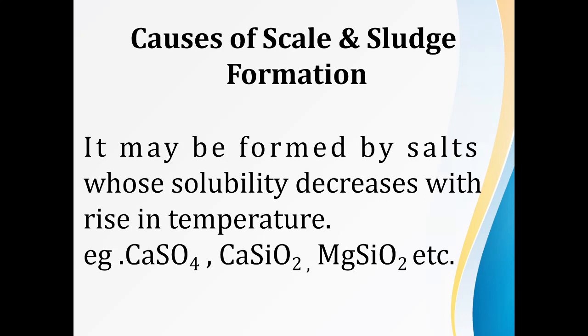And these salts are nothing but calcium sulfate, calcium silicate, magnesium silicate. Sometimes we can also say calcium bicarbonate, magnesium bicarbonate. But actually some salts give you sludge and some give you scale.